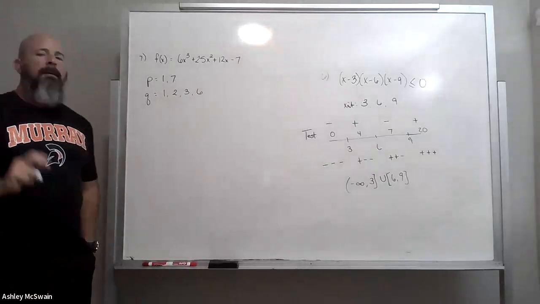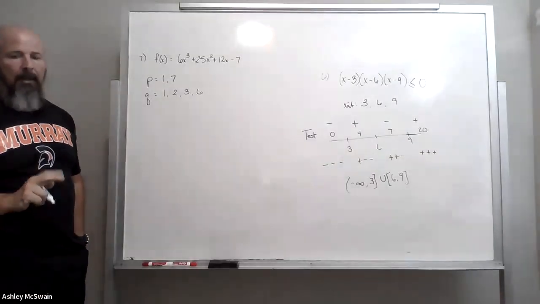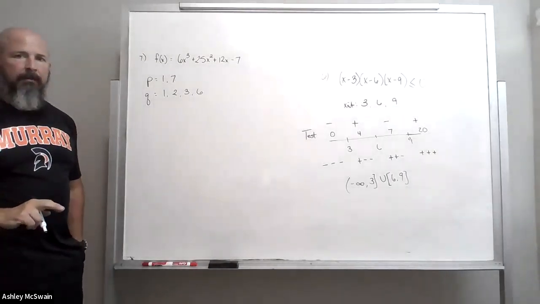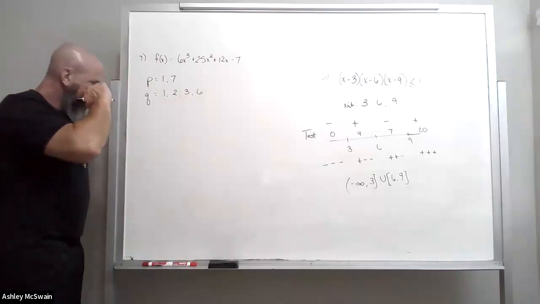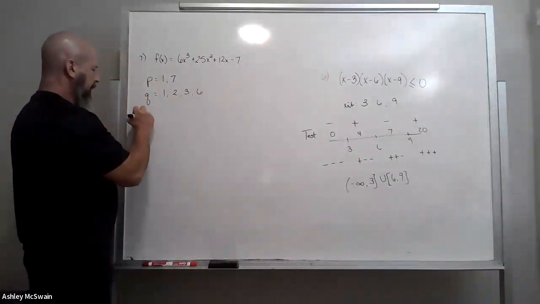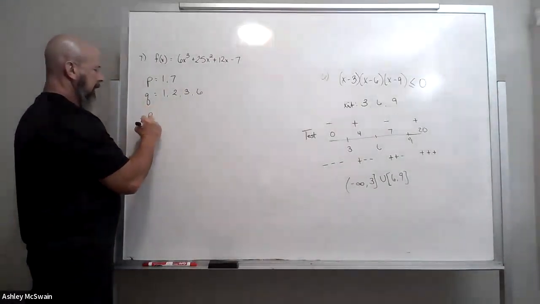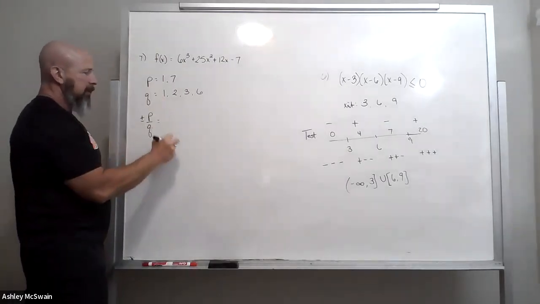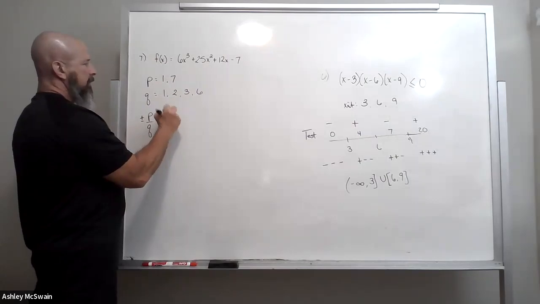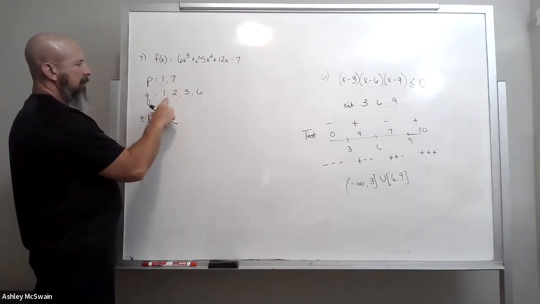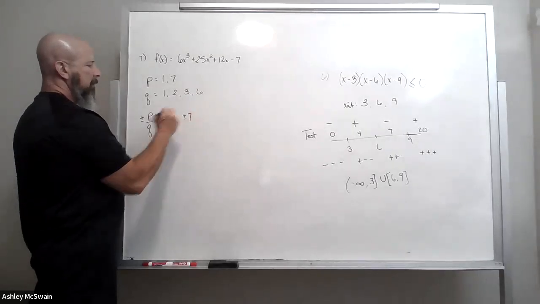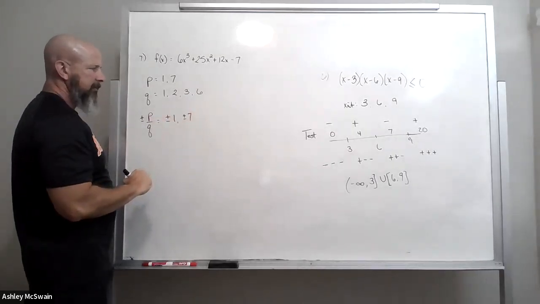So P, factors of the constant. Q, factors of the leading coefficient. So we could have a problem that just asks us for the possibles. And so the possibles would be plus or minus P over Q. So it's each P, 1 and 7, over each one of these Q's. So that would be plus or minus 1, plus or minus 7.